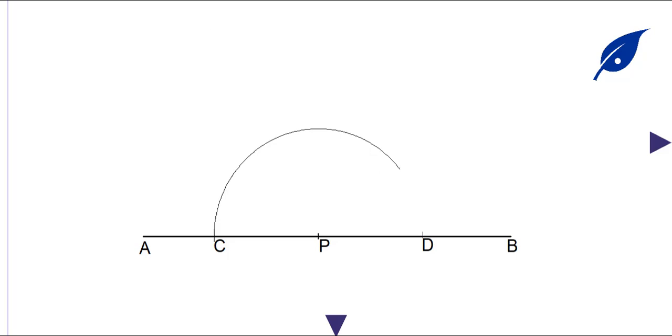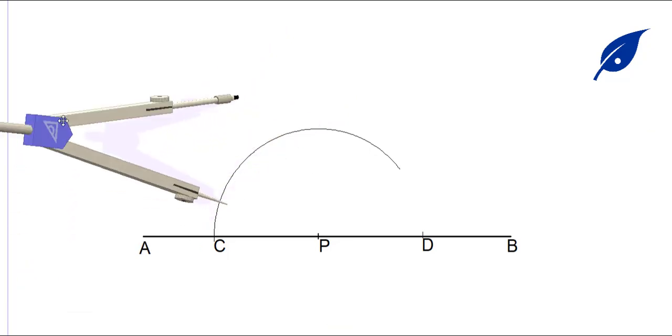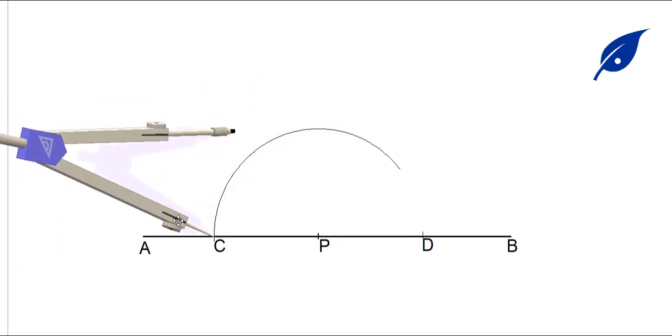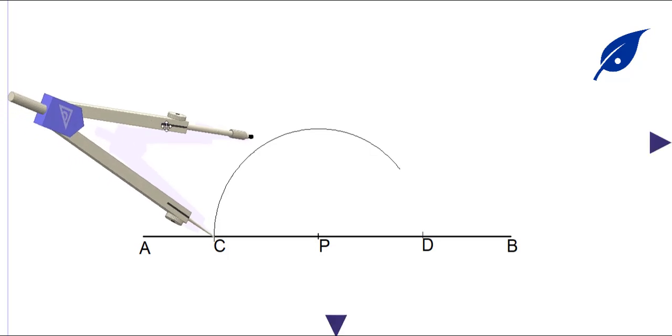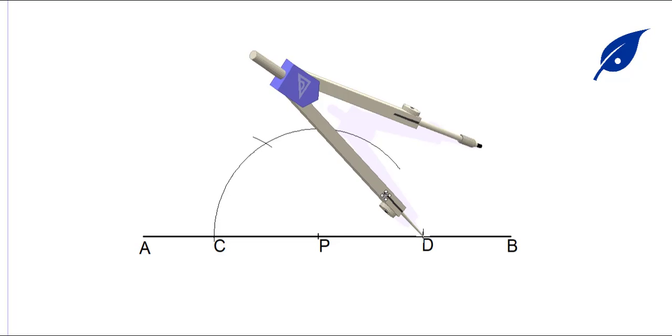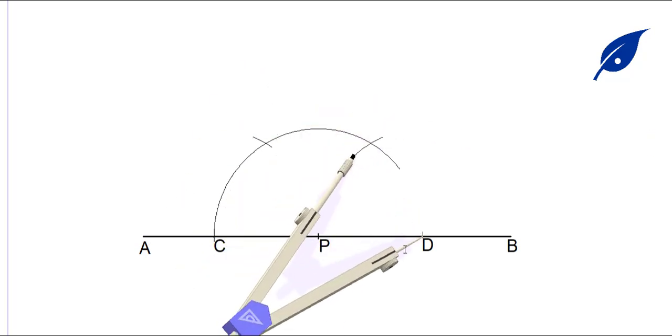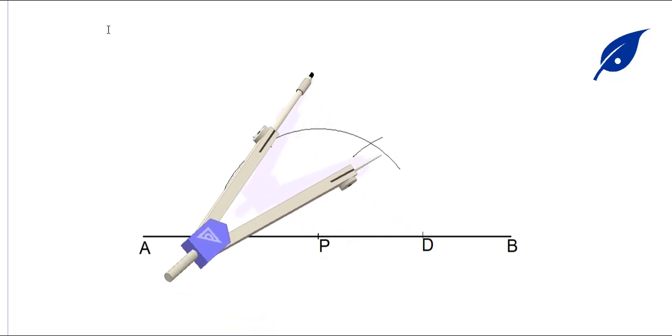With this same radius of CP and DP, with the centers at C and D respectively, we describe an arc on the semicircle CD to give us the points E and F respectively.